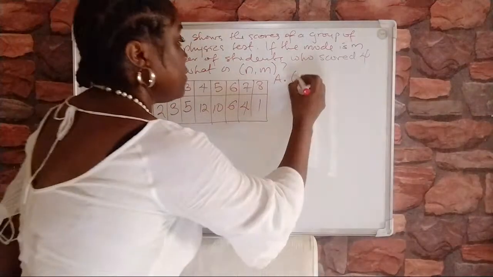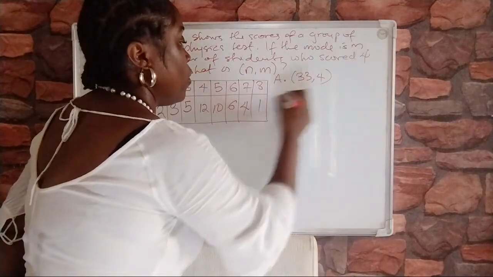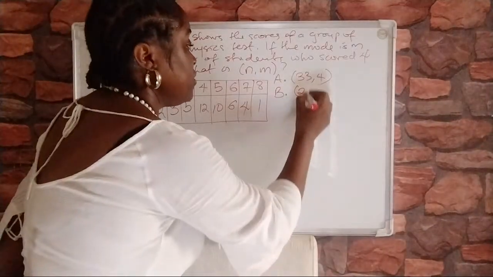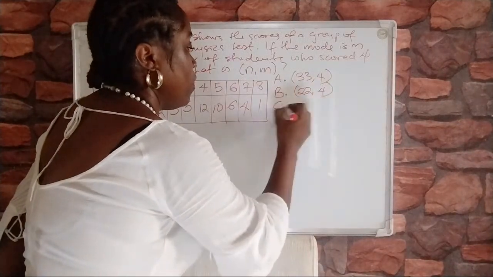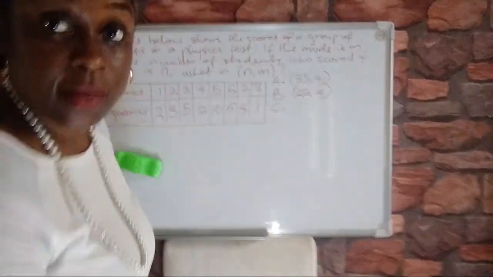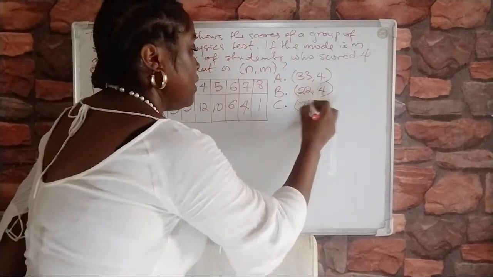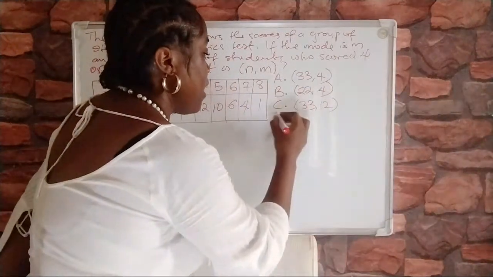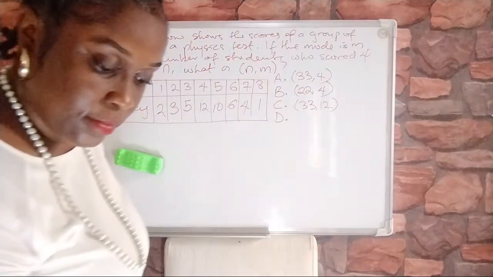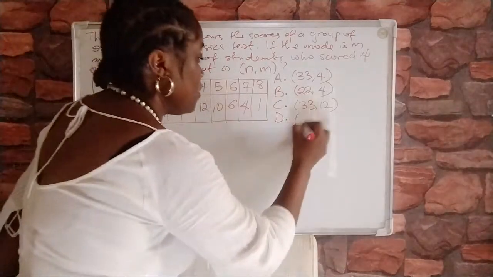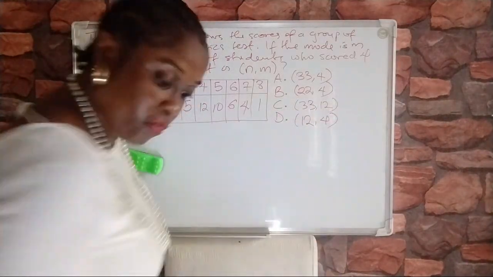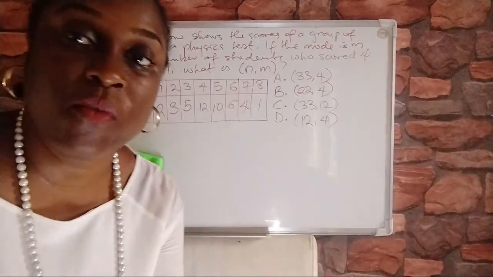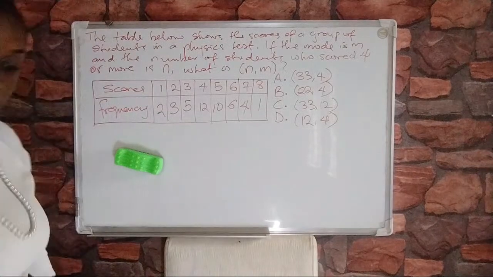Option A is 33, 4. Option B is 22, 4. Option C is 33, 12. Option D is 12, 4. Okay?